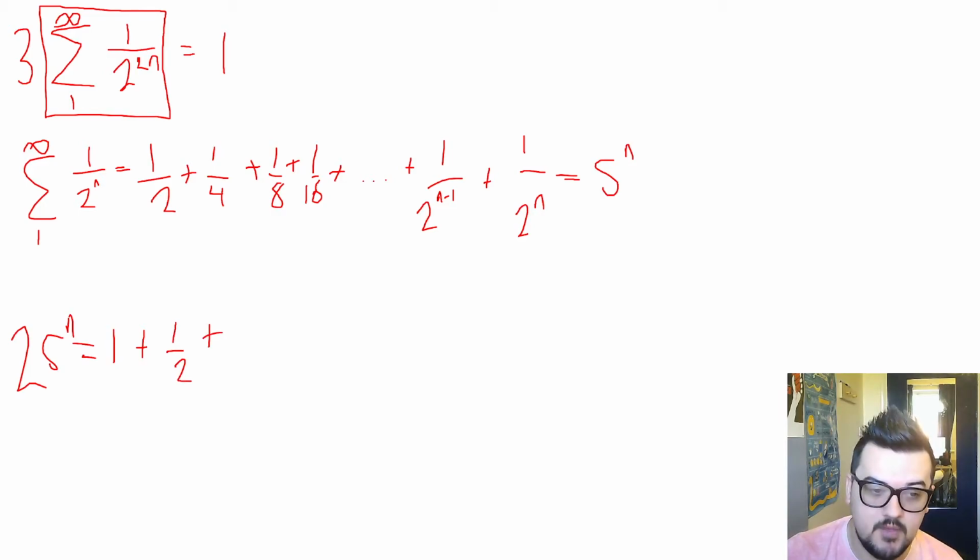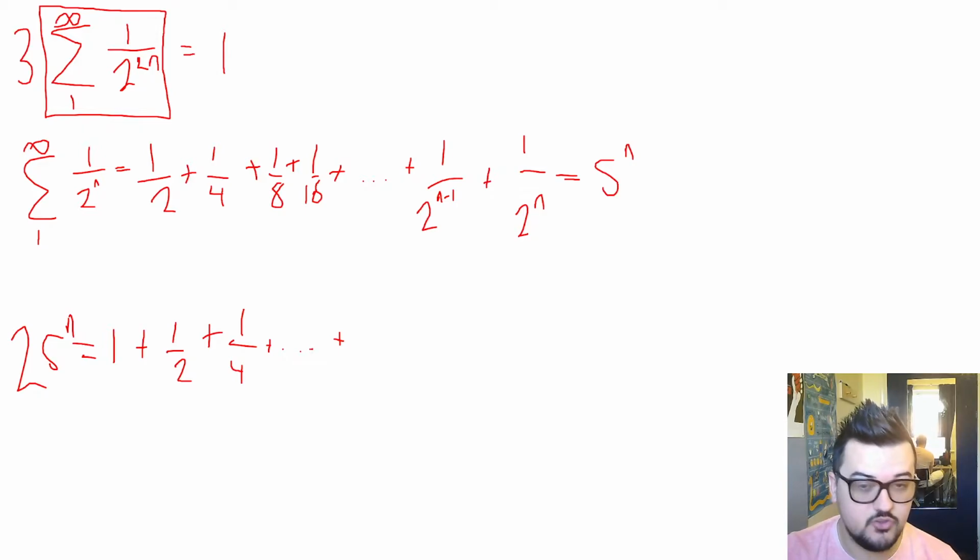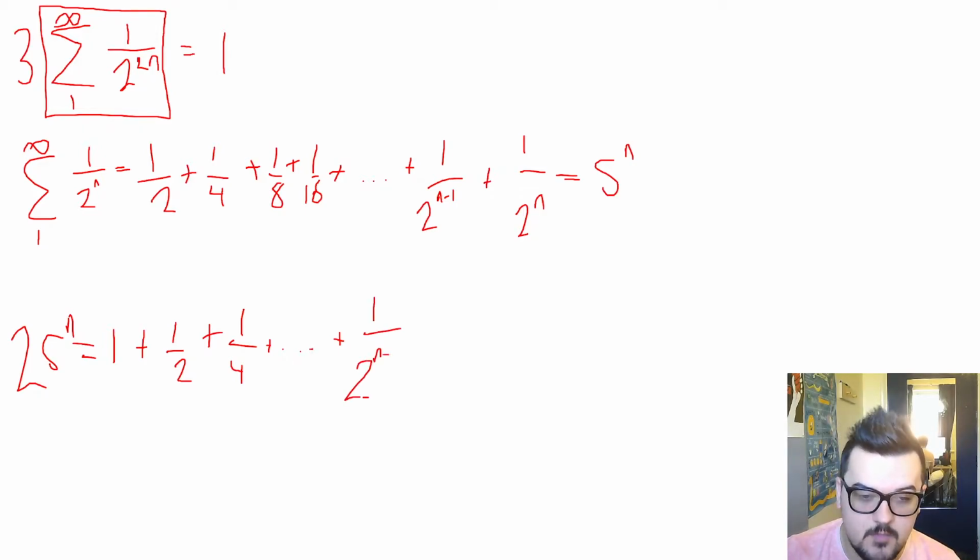1/8 multiplied by 2 is 1/4, and we just go on and on until we get to this term. For 2 lots of this, we just subtract 1 from the bottom power, because we're dividing both by 2. 2 to the n minus 1 divided by 2 is 2 to the n minus 2. So we have 1 over 2 to the n minus 2, and then 1 over 2 to the n minus 1.